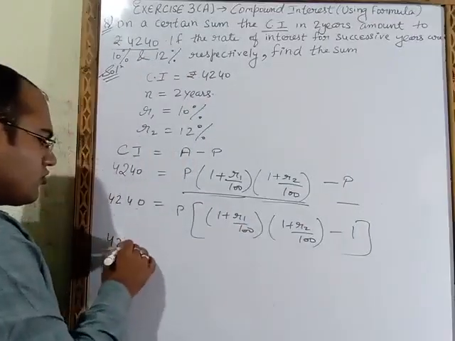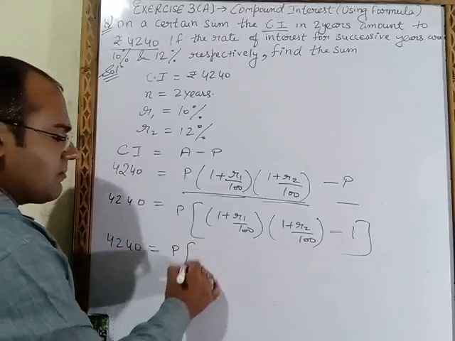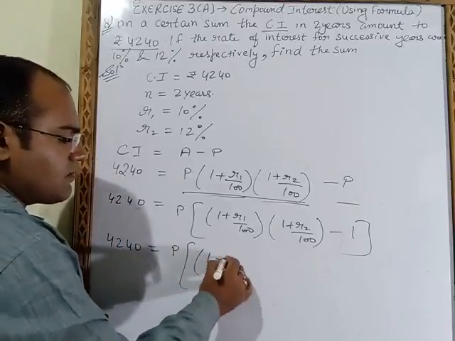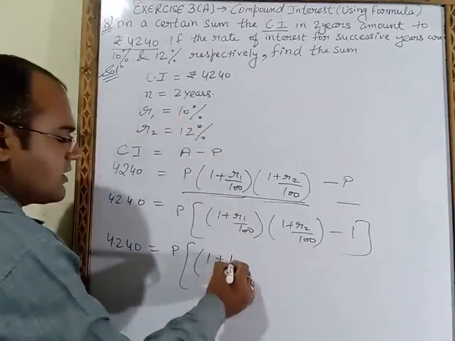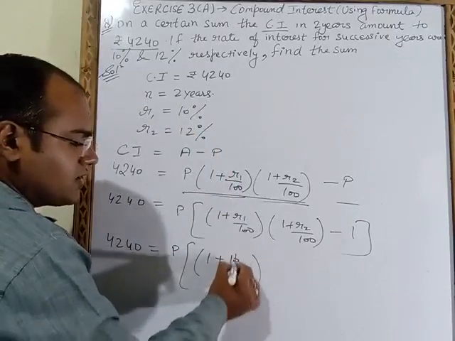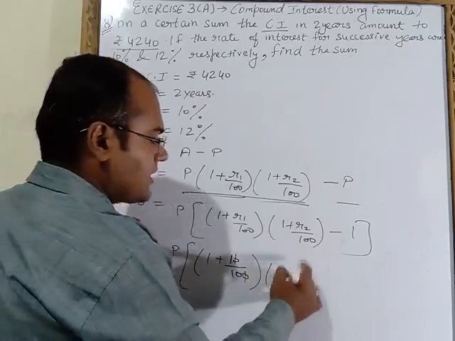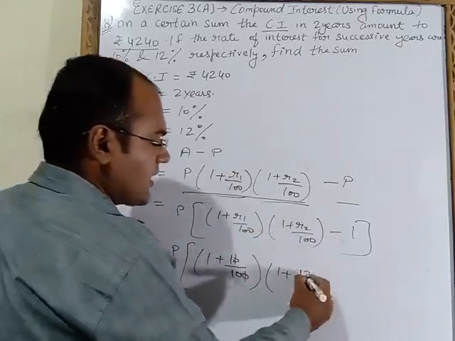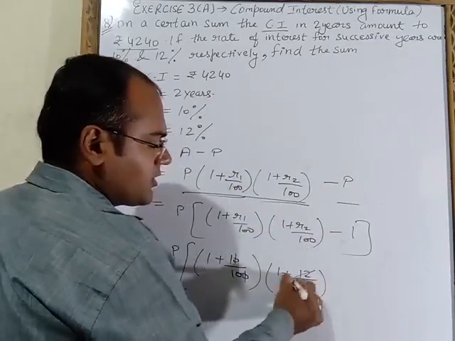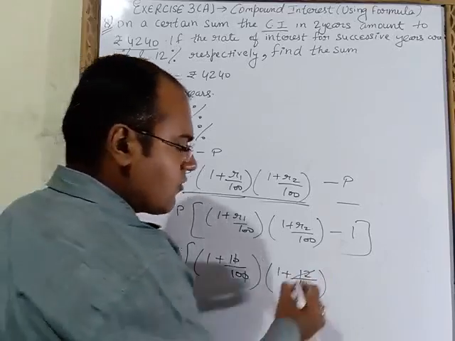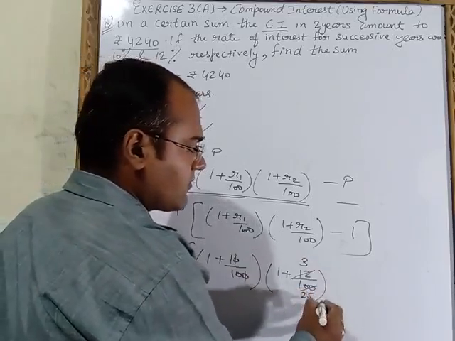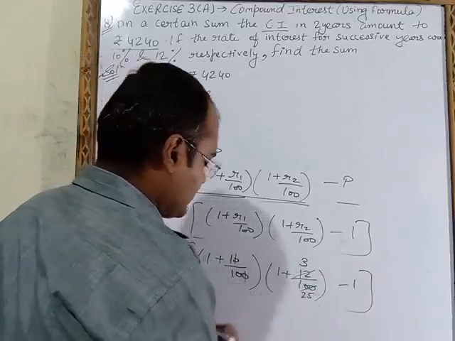Now 4240 is equal to P bracket 1 plus R1, R1 is 10 upon 100. This 0 to 0 will get cancelled. 1 plus R2, R2 is 12 upon 100. These two also we can cancel with the table of 4. 4 3 are 12, 25. Minus 1 we have to write as it is.